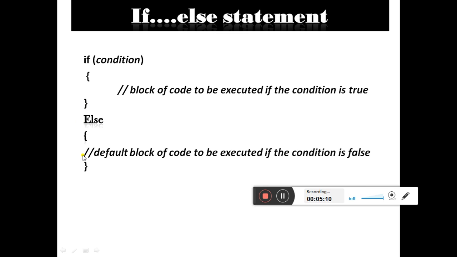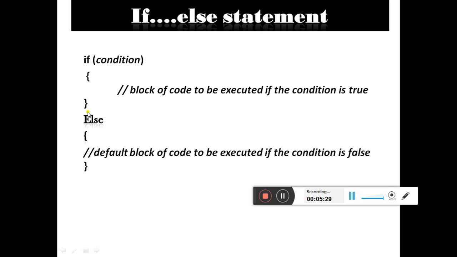Once again, the syntax is if condition, where the condition will return either true or false. If the condition is true, it will execute the first block, which is called the if block, the block of code to be executed if the condition is true.